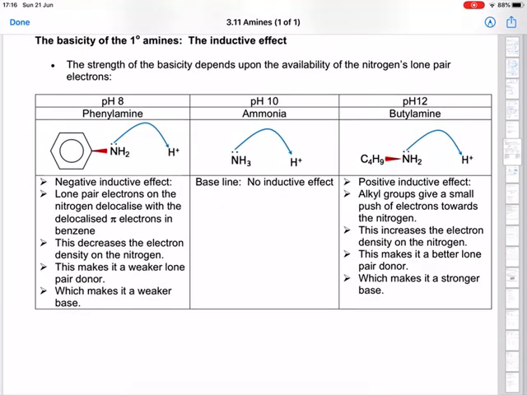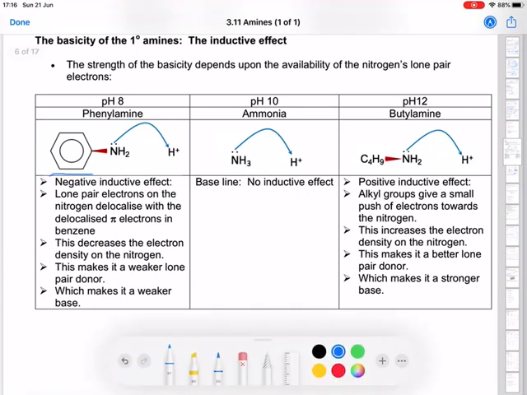So all that is outlined in here. So over here, when we've got benzene, we've got the negative inductive effect. Okay, and again, it's this bit here that I'll talk more about when we look at benzene. Okay, so that's the negative inductive effect. Every time you have an alkyl group over here, you have the positive inductive effect. And just like the Goldilocks story, when you've got ammonia, there's no positive or negative inductive effect.